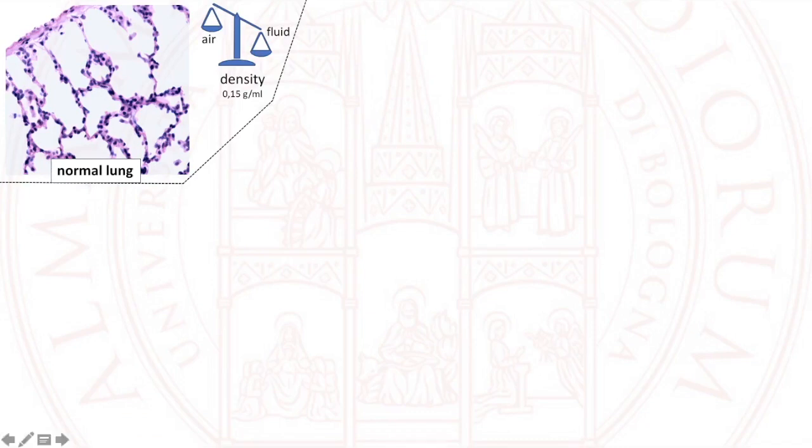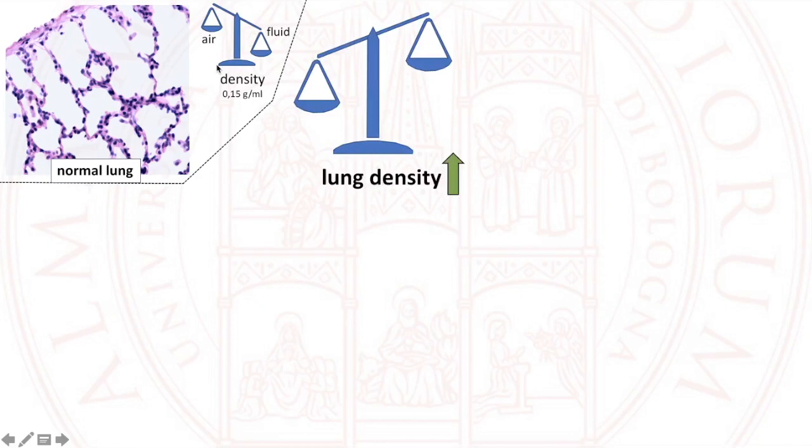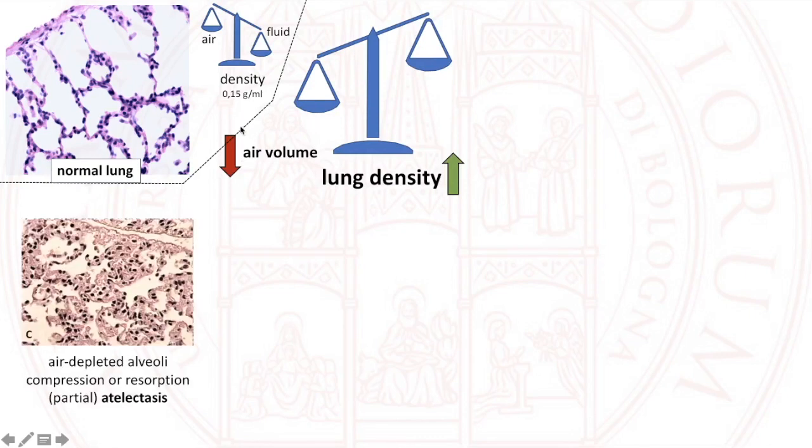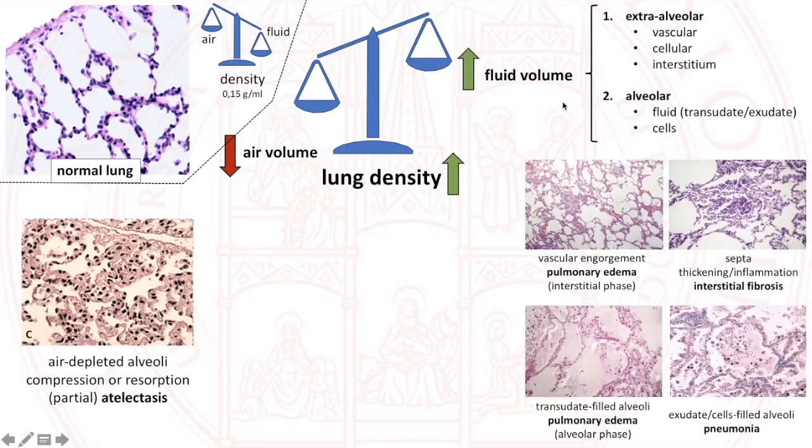You already know this picture. The normal lung has a high air content. So how is it possible for the lung to lose density? It could be either from loss of air volume, such as in atelectasis, in which alveoli are shrunken, or if the fluid volume is more than normal, such as in extra-alveolar or alveolar volume.